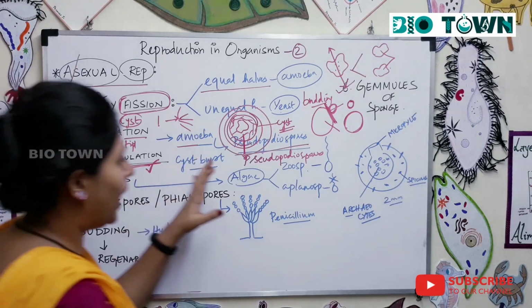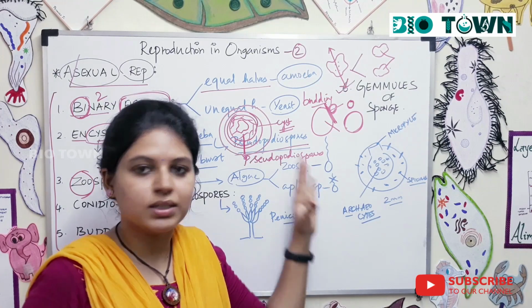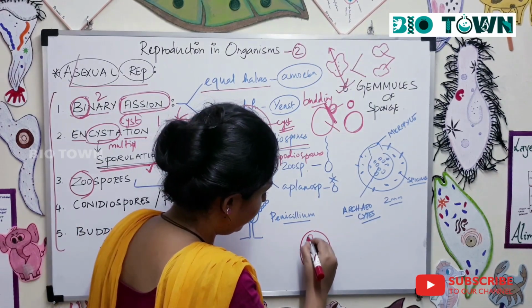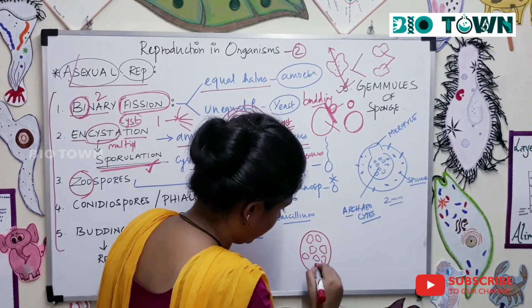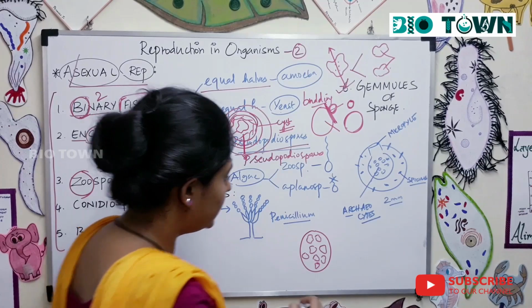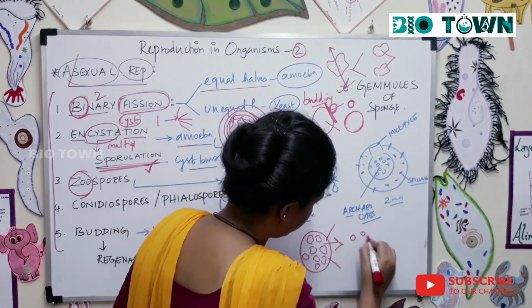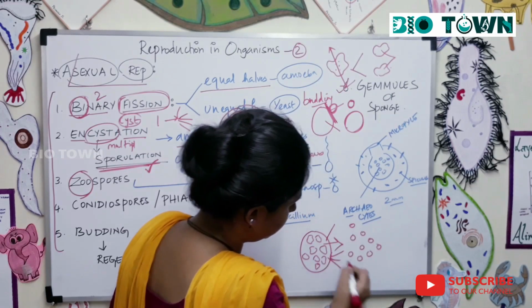Alright, and next is zoospores. In case of algae, algae basically divide by zoospores, where there is an algal cell and there is a multiplication of algal cells inside the mother algae. Now what happens? This mother algae bursts and forms spores which are genetically identical to the mother algae.